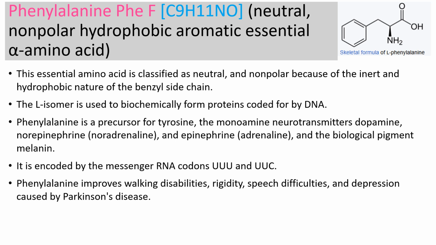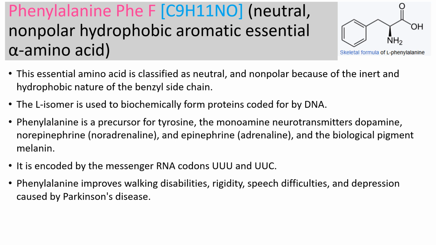So, phenylalanine is very important. It is encoded by messenger RNA codons, mRNA codons UUU. It is encoded by these codons, right? RNA codons. Phenylalanine improves walking disabilities, rigidity, speech difficulties, and depression caused by Parkinson's.